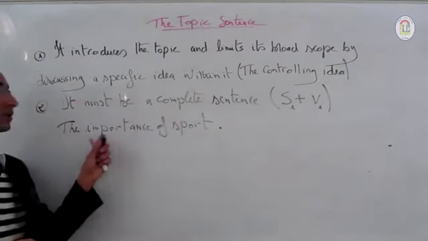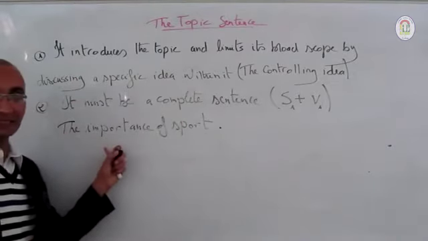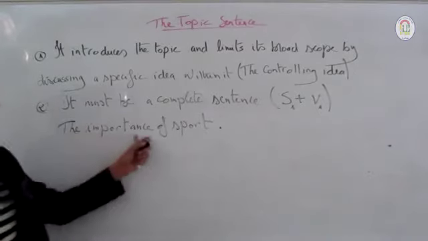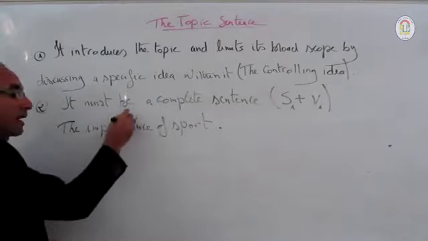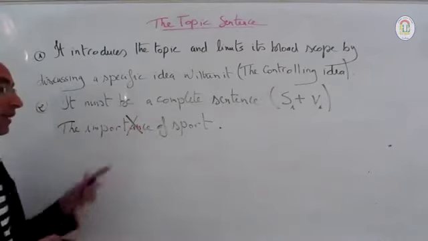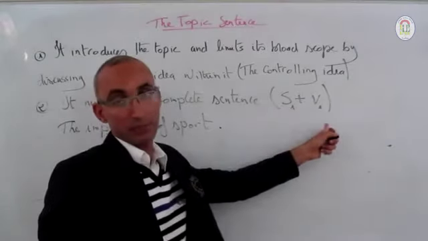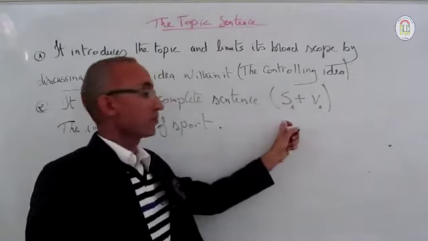This one is not a correct topic sentence, as it's only a fragment, an expression without any verb. There is no verb here, so it is not right. You can write, for example, many things make sport very important.